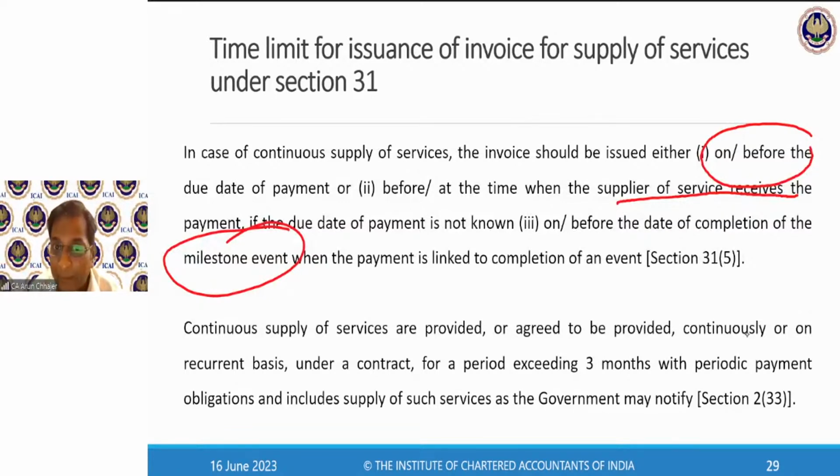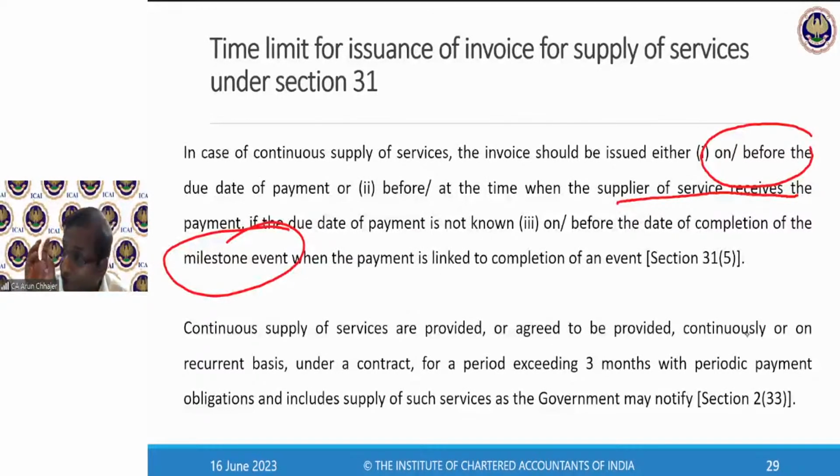I have given the example of a work contractor. So I am a work contractor. You have purchased the flat from me. When you make the payment, if there is a contract, then again the due date of the payment would be the time of supply. Suppose there is no due date in the contract, then when you actually make the payment, that will be the time of supply.